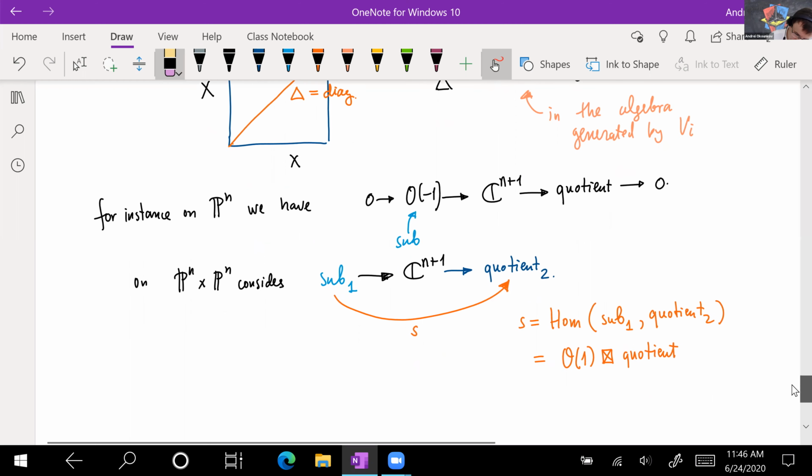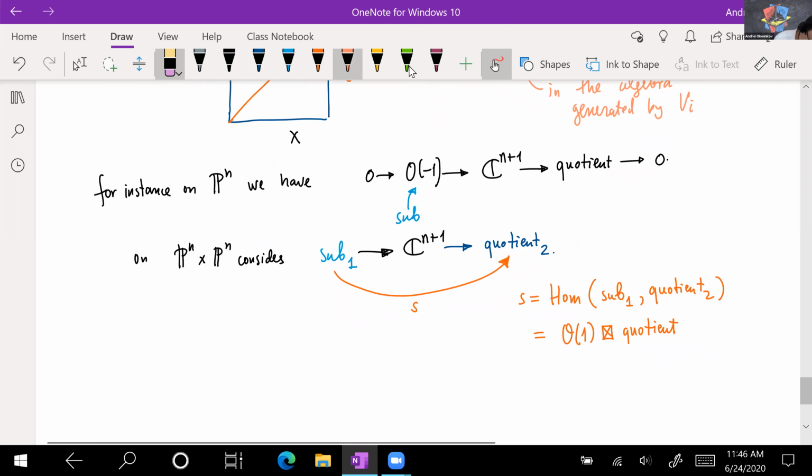And then the diagonal is exactly where S equals 0. Because if the map from one space to the quotient by the other is 0, it means one is a subspace of the other, but they are spaces of the same dimension. So this is exactly that.